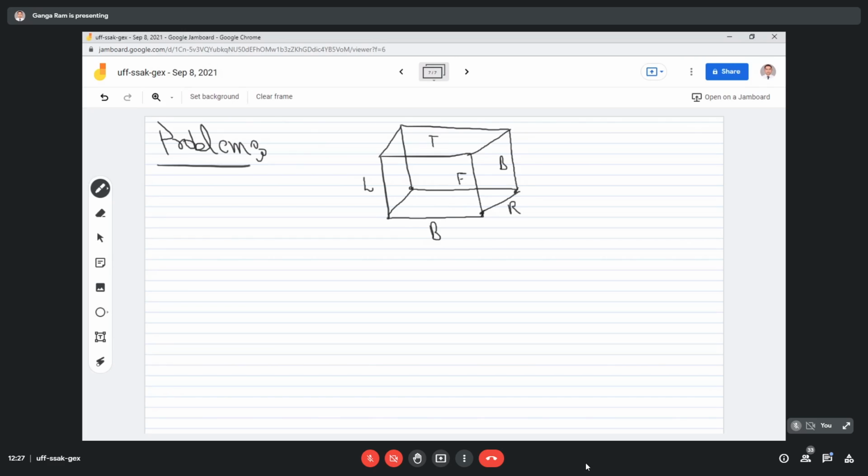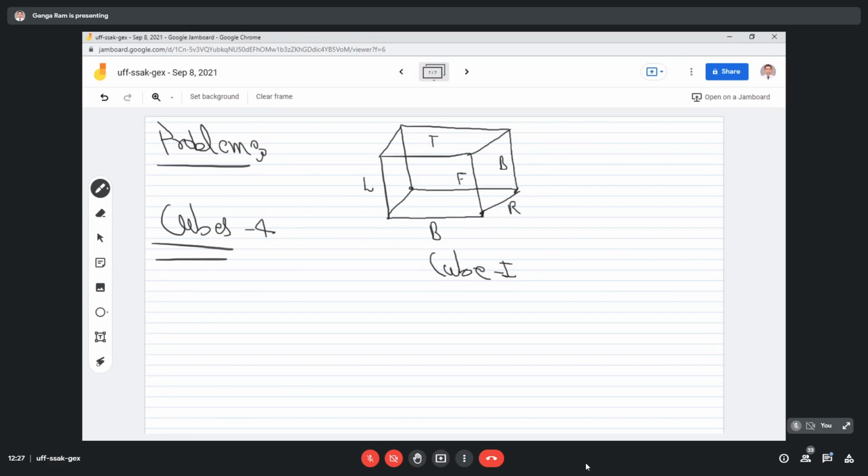And suppose we have 4 cubes. Okay, I have taken 1 cube. This is the 1 cube. There are 4 cubes in which I have taken only 1 cube.